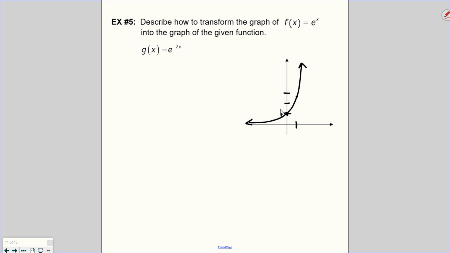The negative part is going to make sure it's reflected, and then the 2 to the x is just going to change the steepness of it, which again, I would just plot some points. But the main thing is to recognize the negative makes this reflected about the y-axis. And then the 2 changes the steepness of it, which you can just plot some points to figure out.